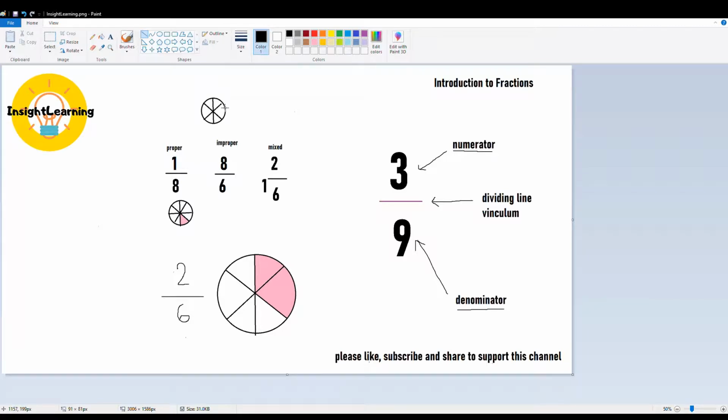So it's saying we need to shade 8 out of these. I've tried shading 1, 2, 3, 4, 5, 6, but we need to shade 8. There's no 8 pieces in here, so we need to do another one, and split it into 6 once again, as 6 is the denominator.